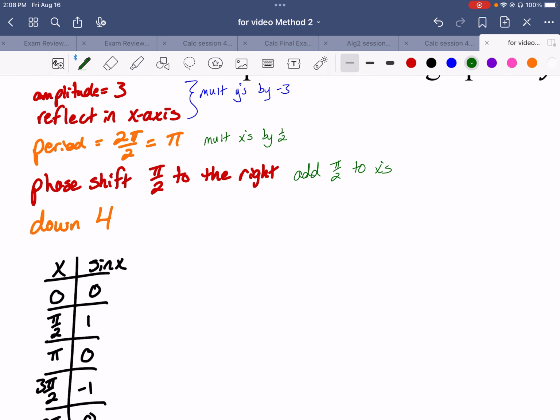I just realized I should move this over. I need to label this as vertical translation.